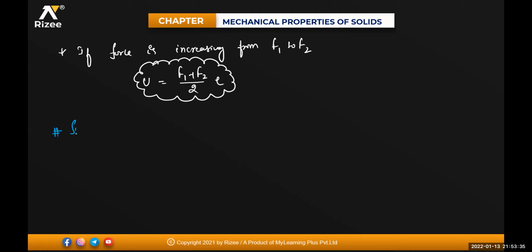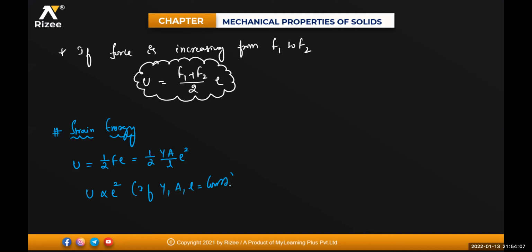Next one is strain energy. What is the energy formula? U is equal to half into force into extension. Or else that is equal to half, force value is Y into A divided by length L into E square. So I can say that energy is directly proportional to E square, if Y, area and length are constant, I'm assuming.